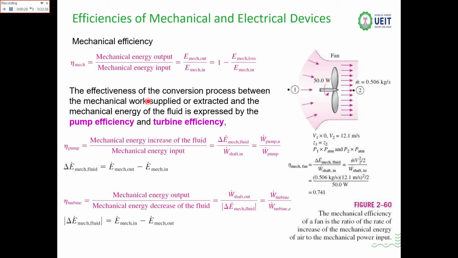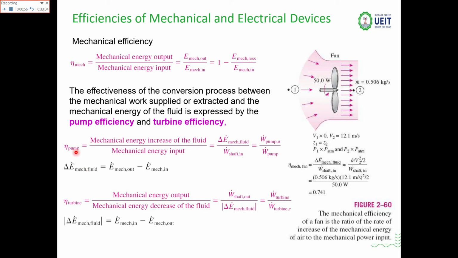The effectiveness of the conversion process between the mechanical work supplied or extracted and the mechanical energy of a fluid is expressed by the pump efficiency and the turbine efficiency. So mechanical efficiency can be divided into pump efficiency and turbine efficiency, depending upon which operating device you are using.